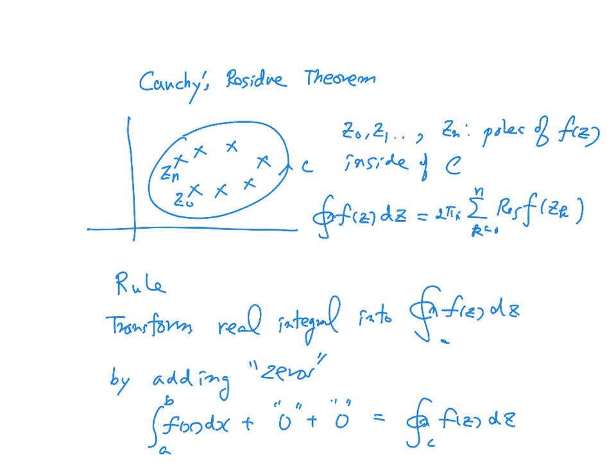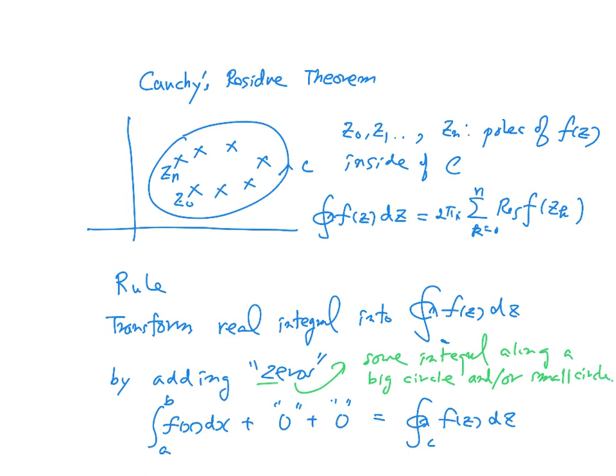The zero is actually some integral along a big circle or a small circle. We have done this before, right?